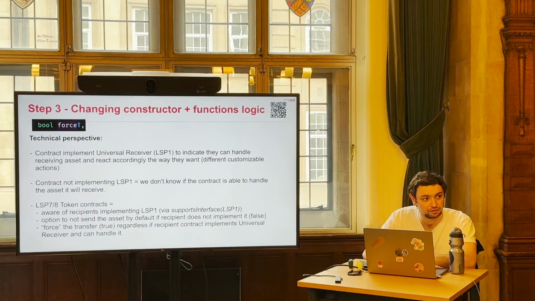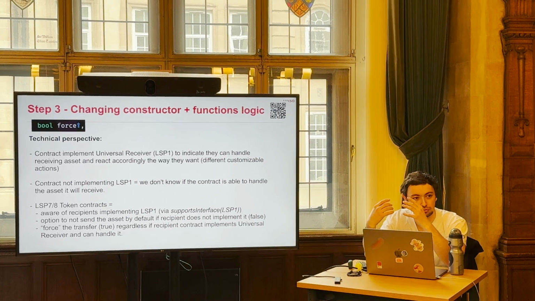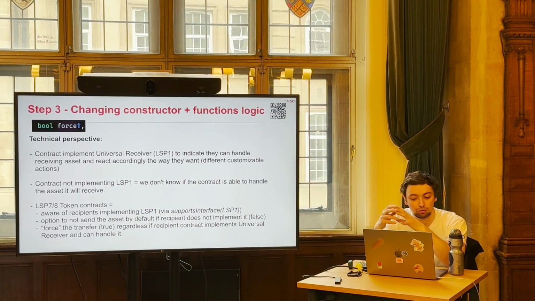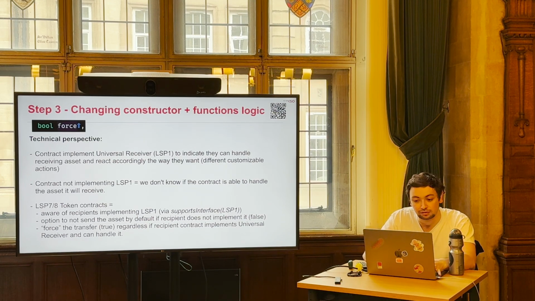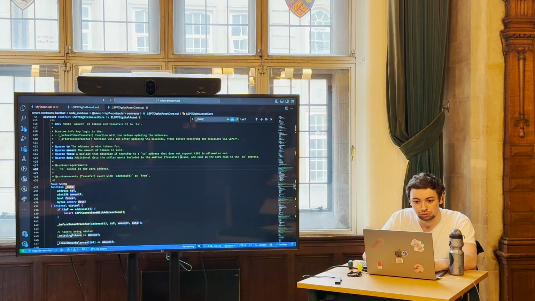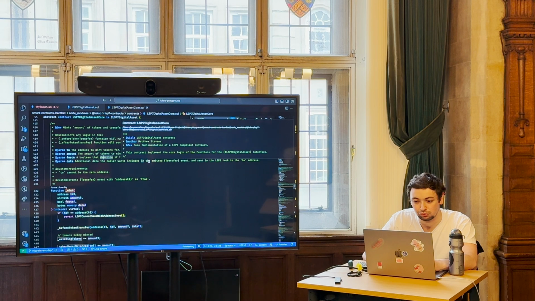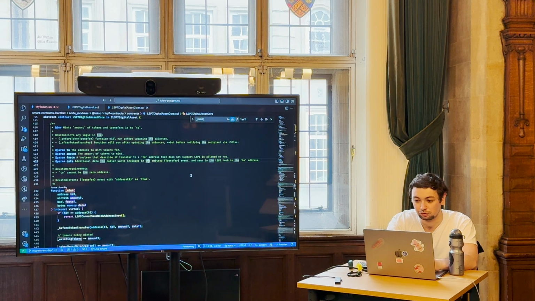It has to specify if it wants to safely transfer an asset to a recipient that implements LSP1, or explicitly force the transfer and say, okay, the recipient might not be able to hold the asset. And this is what we try to explain in the comments here. We say a Boolean describes whether transferring to a recipient address that does not support LSP1 is allowed or not. Does that make sense? Any question?